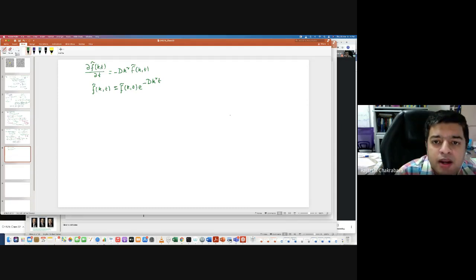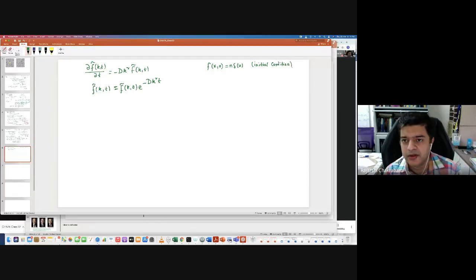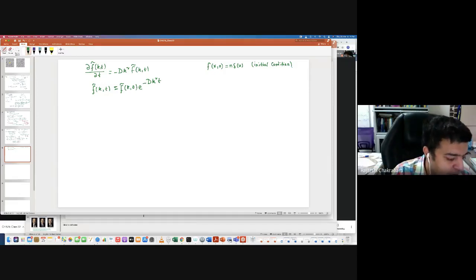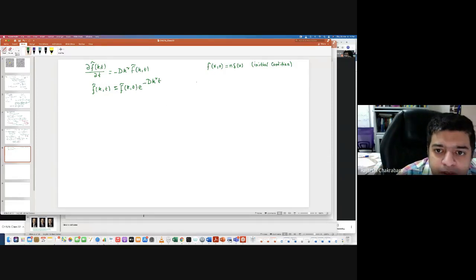Now recall what you had: x0 is N times delta x. This is the initial value problem, the initial condition, no? This is what you had, so I will make use of that. That also I know from the Fourier transformation: f of x comma 0.